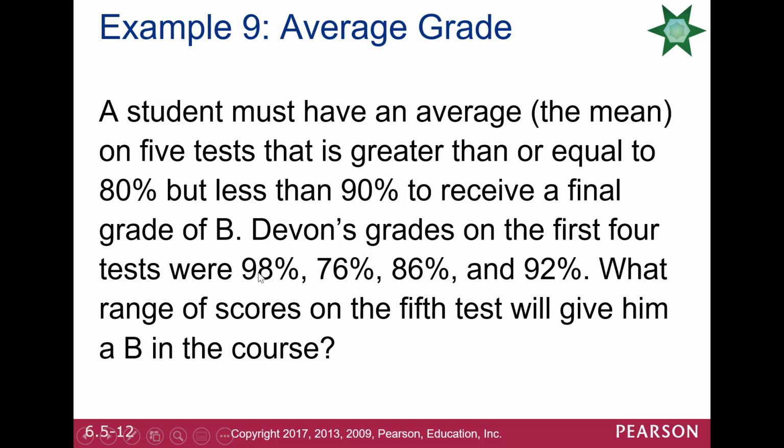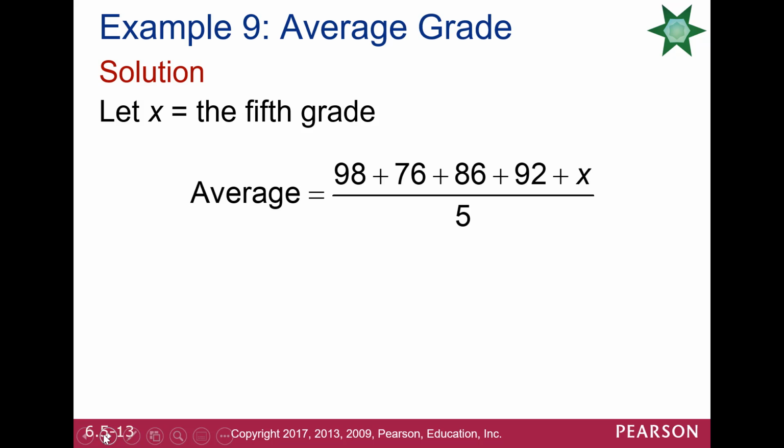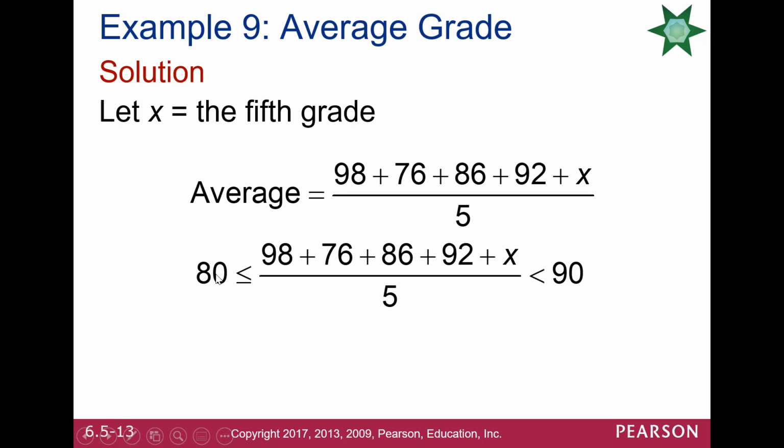That means that the 98, the 76, the 86, and the 92, and some unknown test grade x have to be added up. Then we divide by 5, and that average is going to be greater than or equal to 80, but less than 90. So it looks something like 98 plus 76 plus 86 plus 92 plus x, all divided by 5, greater than or equal to 80, less than 90.